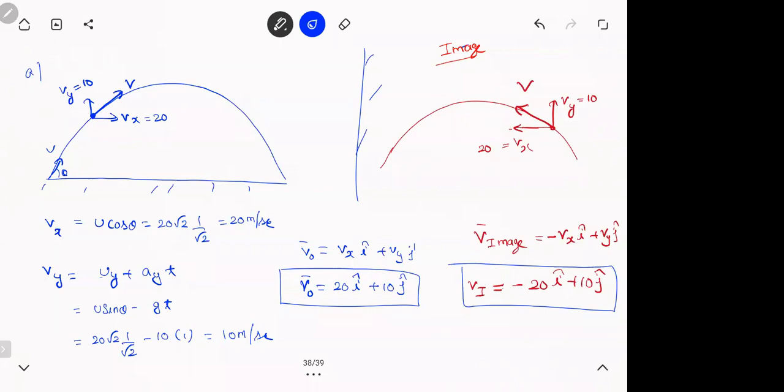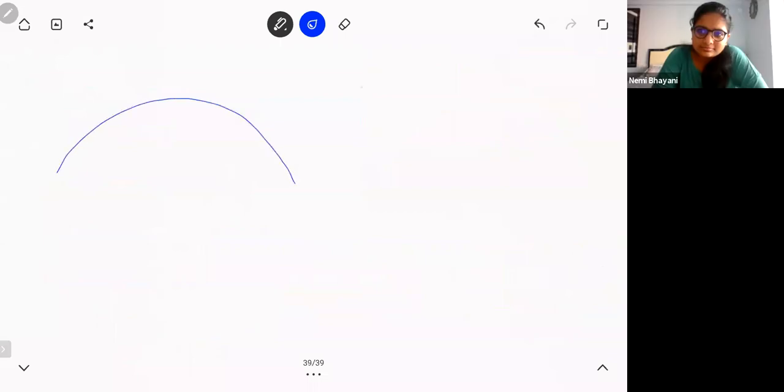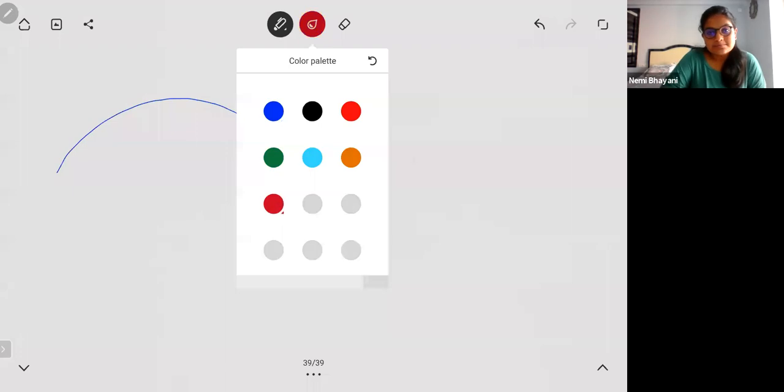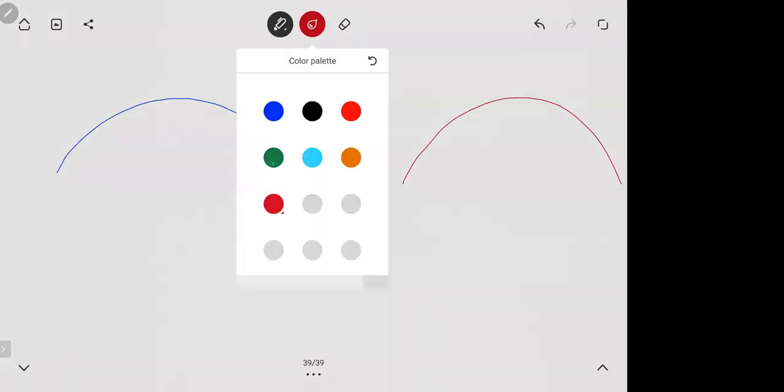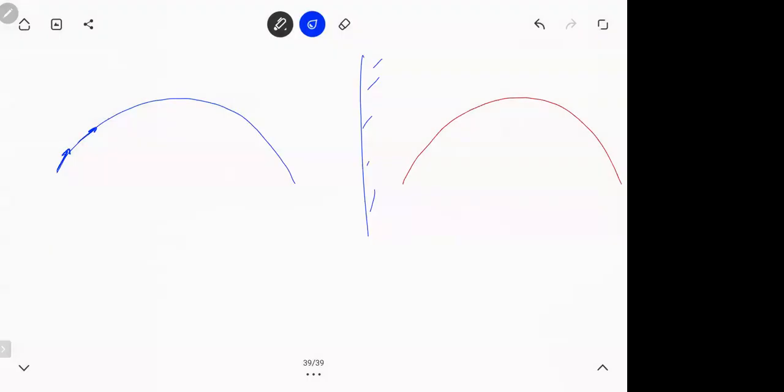Okay. Next one. When you're throwing this, if you look at the velocities, the images will be like this. Can someone tell me when they're opposite?